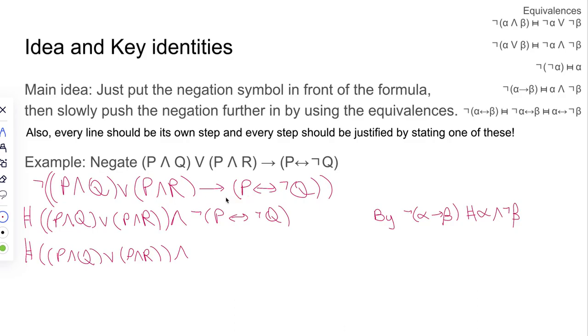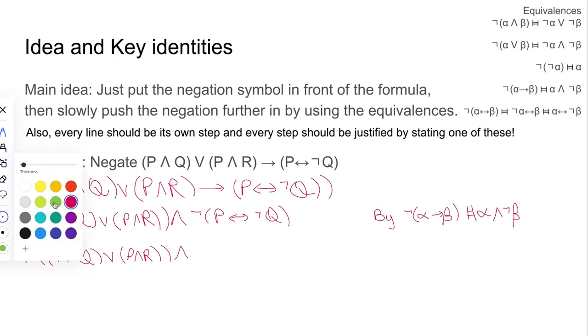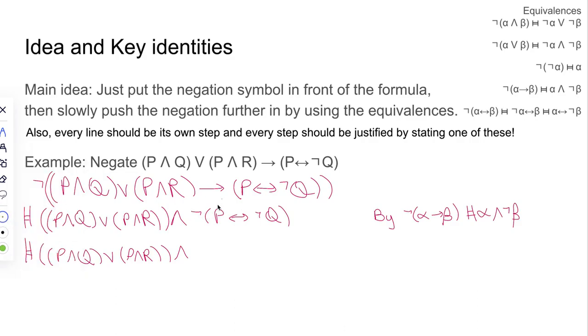But when we get to this part, now we need to make the changes. So we look here, we have a negation. Here, let me change colors. So it's like we have this negation where P is alpha and not Q is beta. And then we have this if and only if. When we look over here, we have this here.